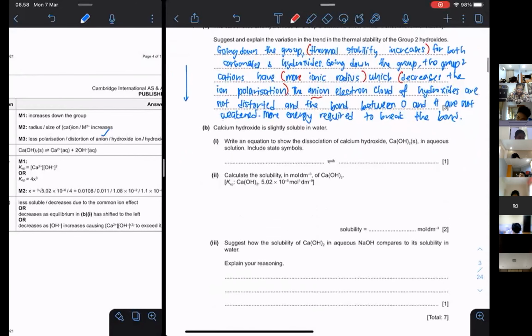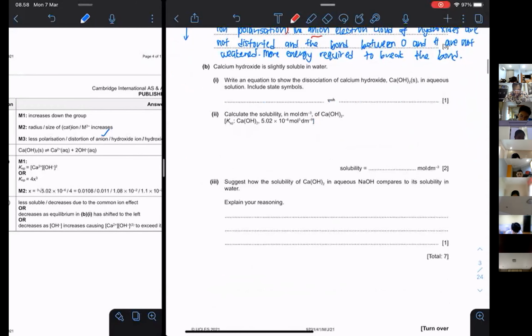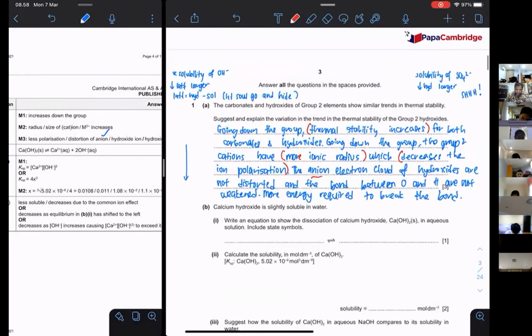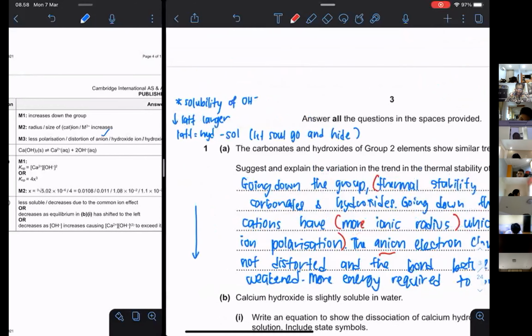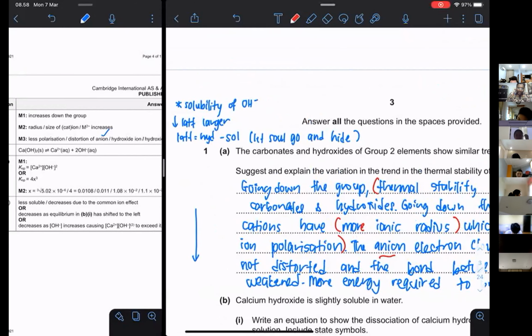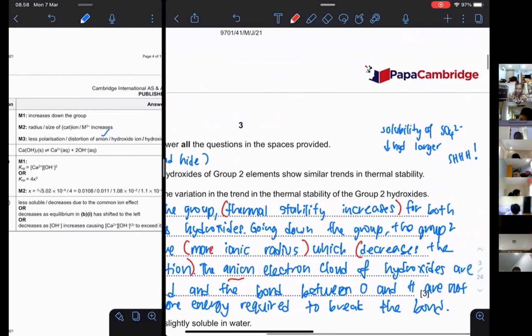Let's move on to part B. Before we move on, since part B mentions solubility, I will also go through the solubility. In our syllabus, we look at the solubility of group 2 hydroxides and of group 2 sulfates.